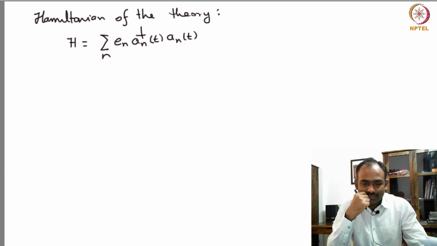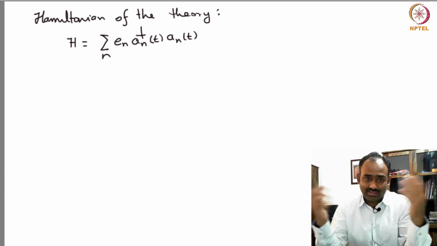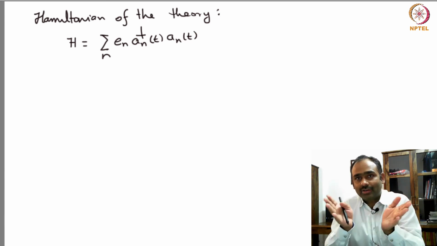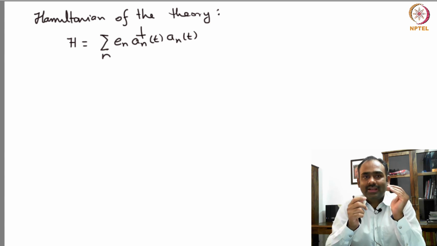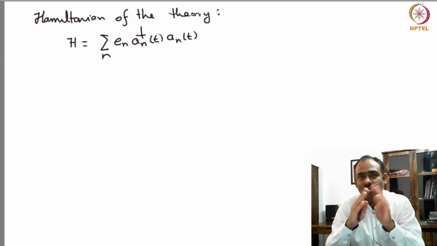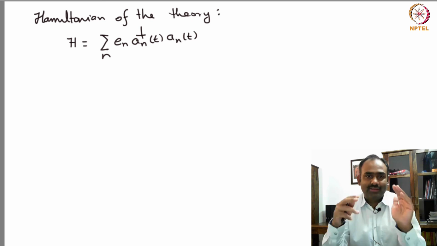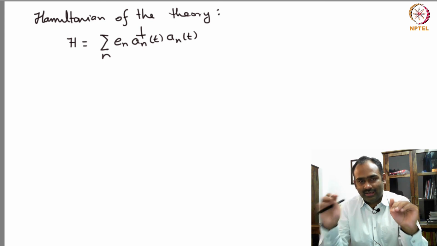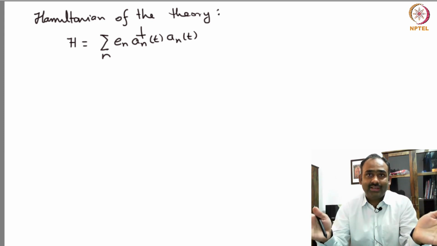So the quantum mechanical system that we have got is a collection of an infinite number of them. And these harmonic oscillators are not talking to each other. There is no coupling between A1 and A2. There are no cross terms in this. So it's completely diagonal. There is no interaction between one oscillator and another. So all these oscillators are completely free, and this is a free theory.